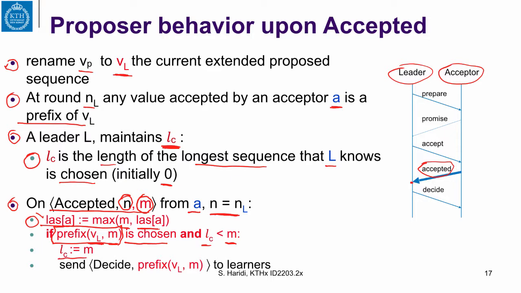So we update LC, and then we send a decide message with the prefix of VL at M to all learners. This means that we are extending the knowledge of the learners by longer sequences. We are now at a position where we can describe in detail the complete algorithm, and that's what we are going to see now.